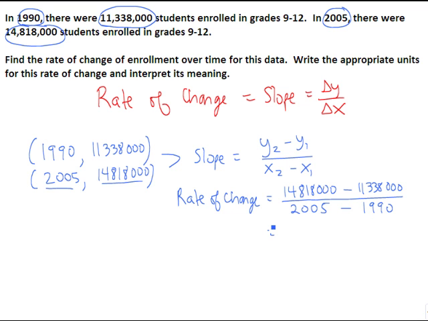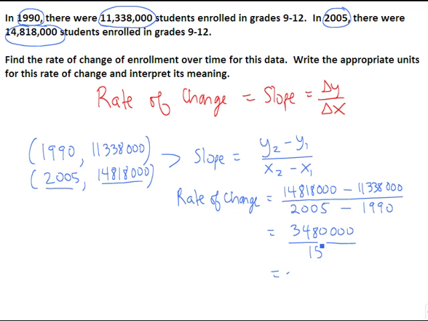Now here you're going to want to use your calculator. When you subtract the numerator, 14,818,000 minus 11,338,000, you end up with 3,480,000. In the denominator, 2005 minus 1990 is 15 years. Now we take out the calculator again and go ahead and simplify.